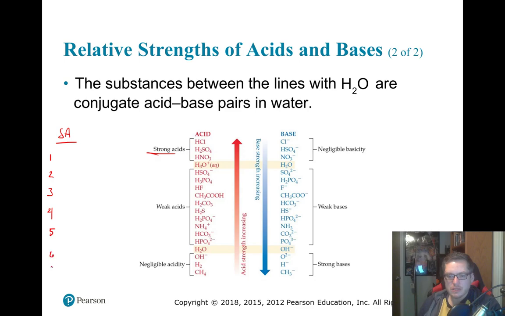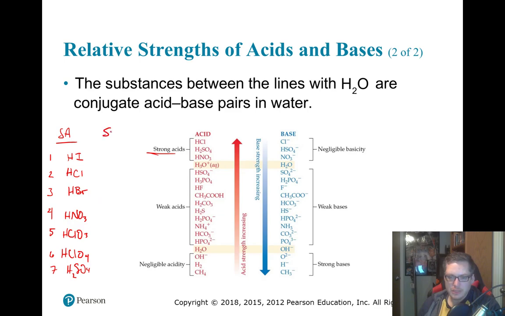You've got HI, HCl, HBr, then HNO3, HClO3, HClO4, and H2SO4. Nailed it. So those are your strong acids.